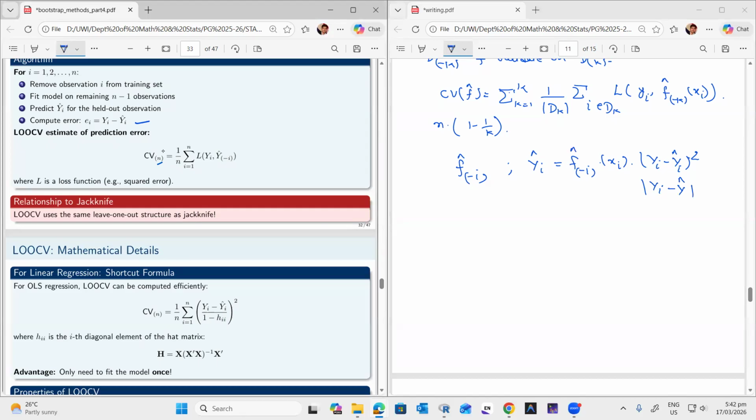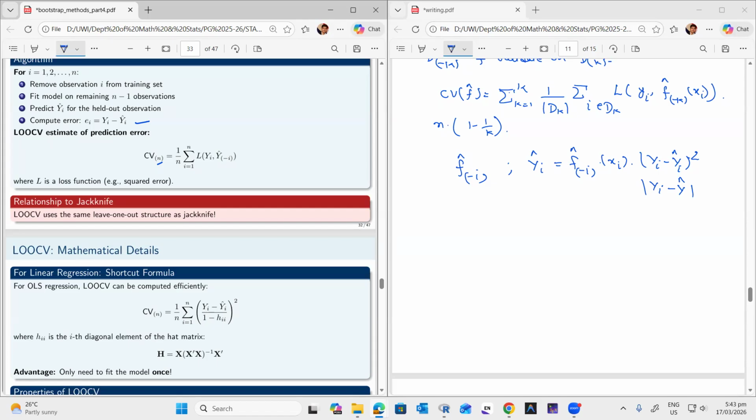This average serves as an estimate of the expected generalization error of a model fitted on a data set of size n minus 1. Because the training sets are almost the full data set, this estimate is nearly unbiased for the error of a model trained on the full n observations.